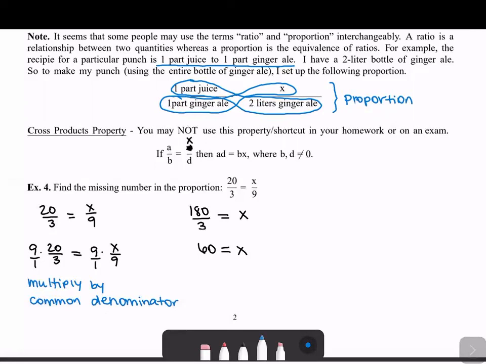And then we would solve it this way. Okay, so this is how I would want to see you solve these problems, not using the cross products property. You should not do this in this course. And in general, like I said, not a big fan of tricks like these.